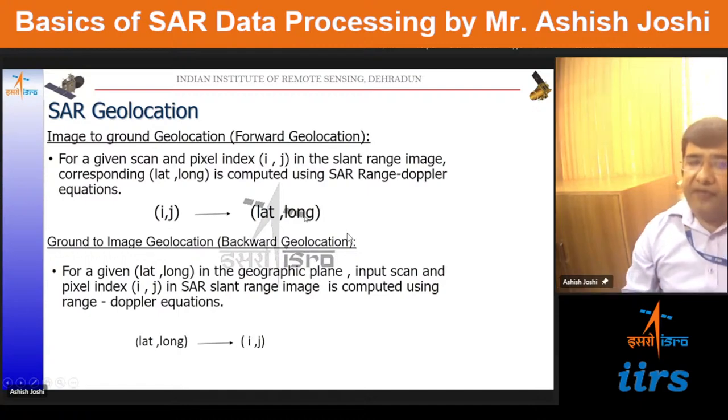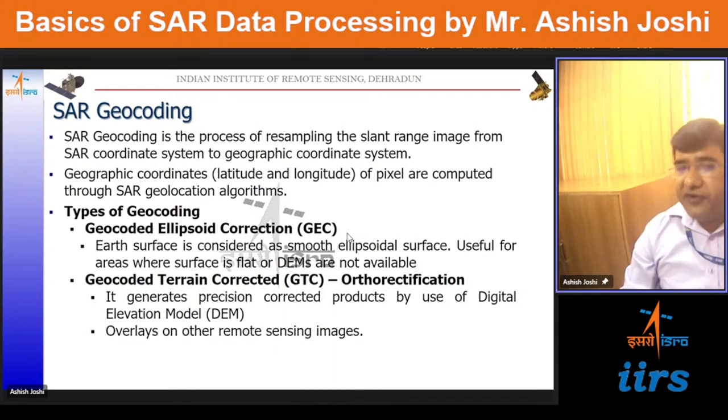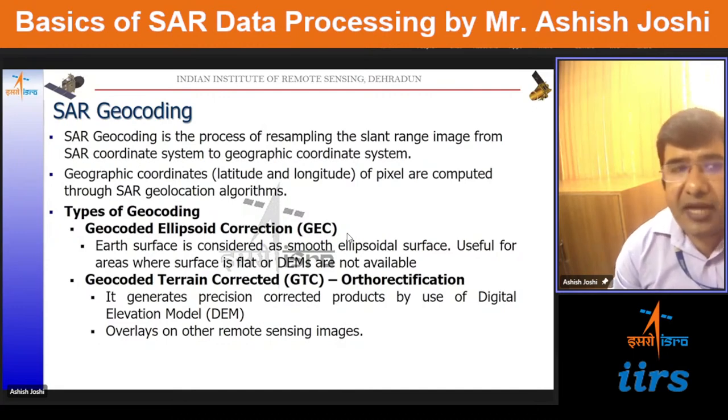Now we have to rotate this image into the geographical coordinate system, so we have to resample the data in the geographical coordinate system. That is called SAR geocoding. The geographical coordinate system pixels are computed through the SAR geolocation algorithm, and after computing, we have to resample the data in the geographical coordinate system. This process is called SAR geocoding.